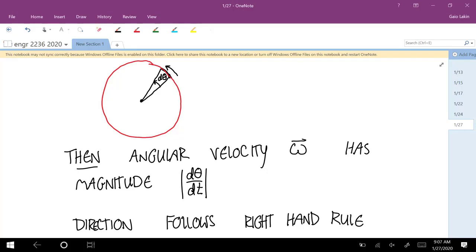So the direction of the angular velocity vector is always normal to the circular path at that instant. Okay. So if your fingers do this, the direction is out of the board.